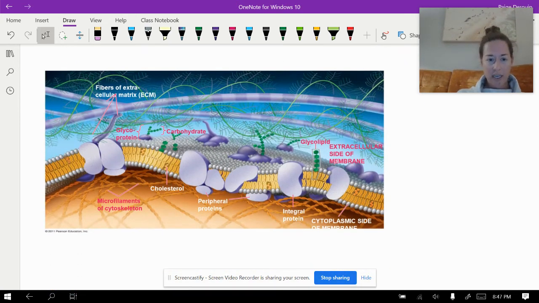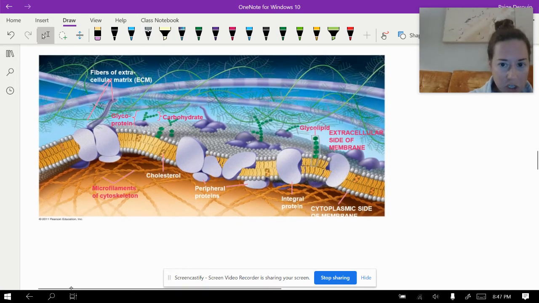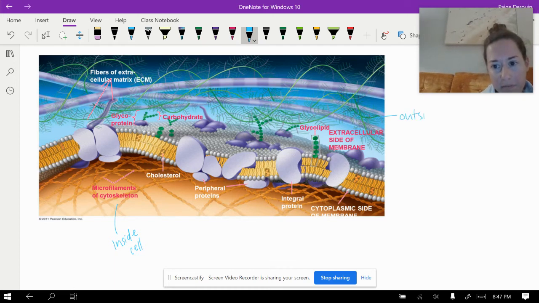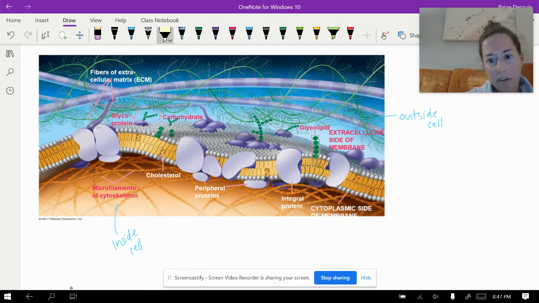Here is an image that shows what's happening here. The bottom of this picture is inside the cell. This is outside the cell, which we call extracellular. So this word right here, extracellular. And inside the cell is intracellular, or in this case, they put cytoplasmic.